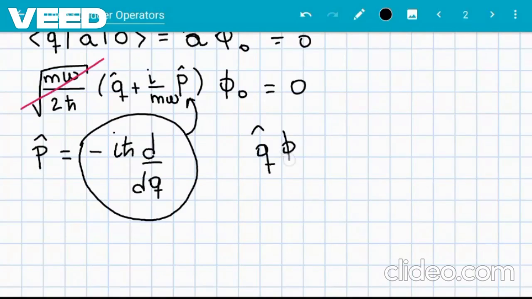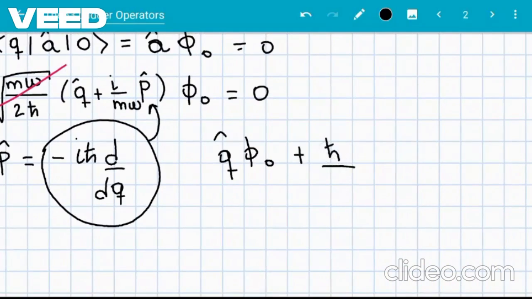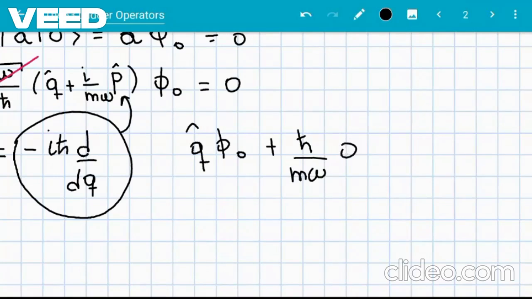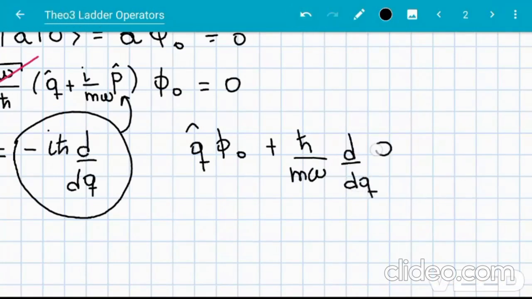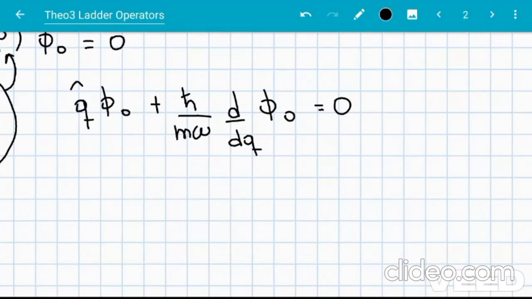q times phi 0, and then I have negative i times i, which is just plus 1, and then the other constants that are left times the first derivative, and that's just a first order differential equation that's separable, and I'm gonna simplify it.